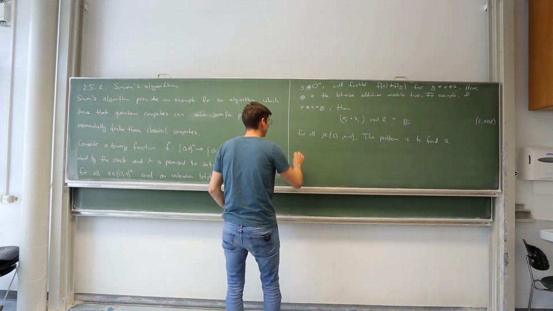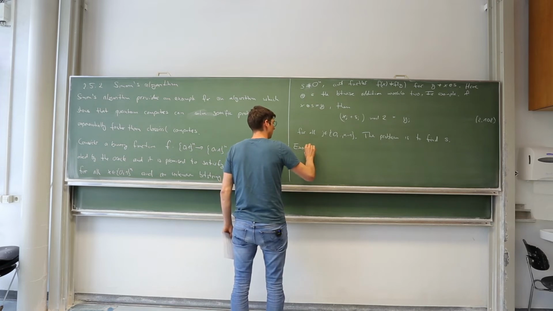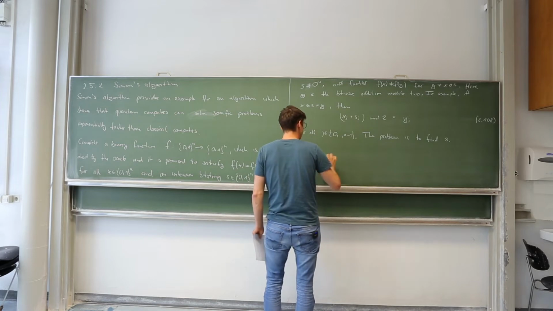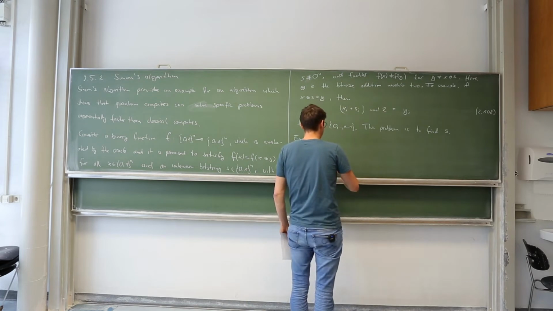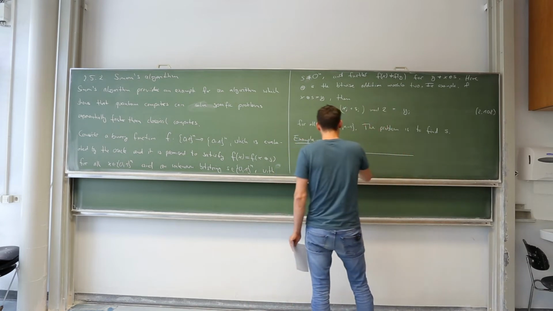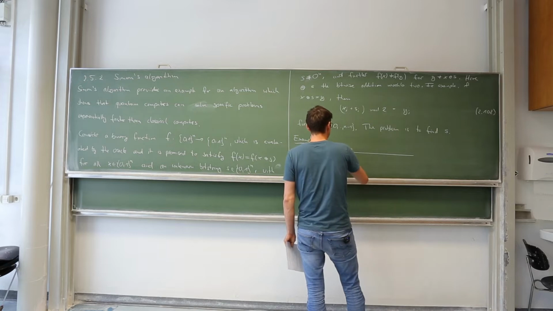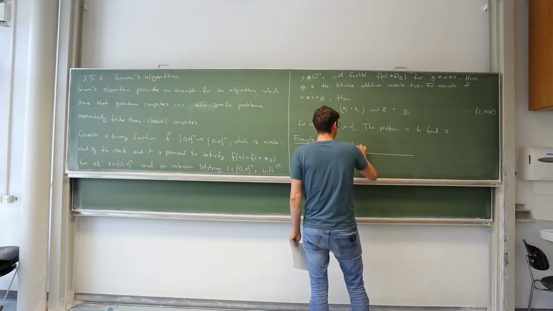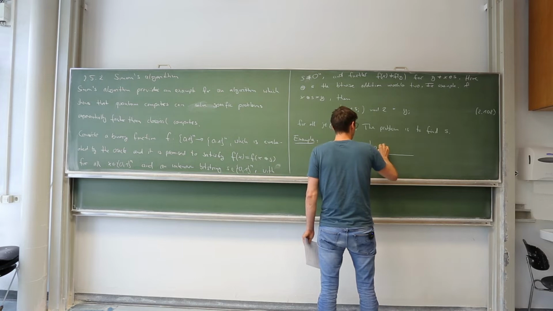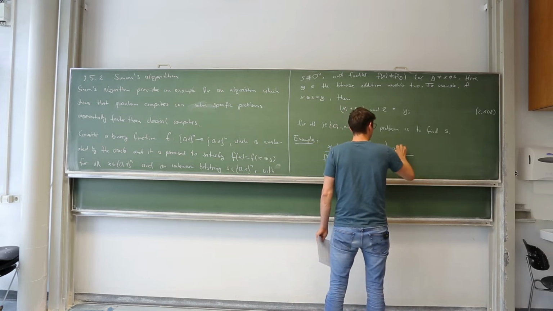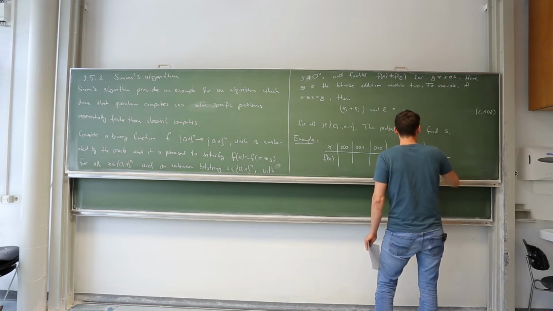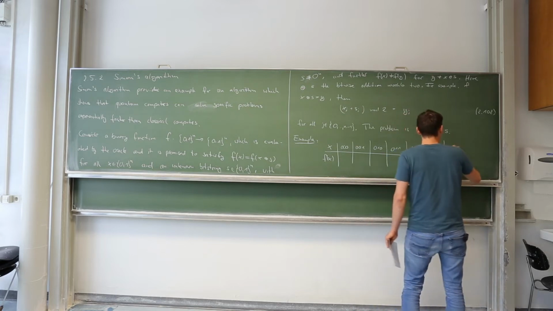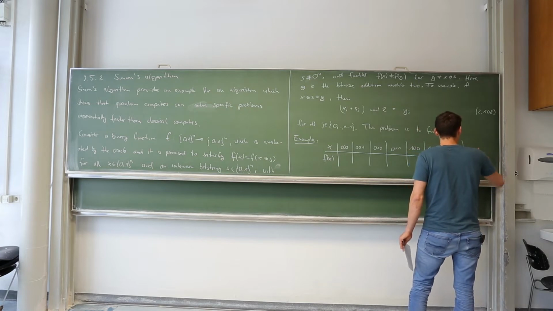So let me do an example first. Suppose now we have three bits. So n is equal to 3. Then let's do a table of f of x and x. So we have 000, 001, 010, 011, then we have 100, 101, 110, and 111.